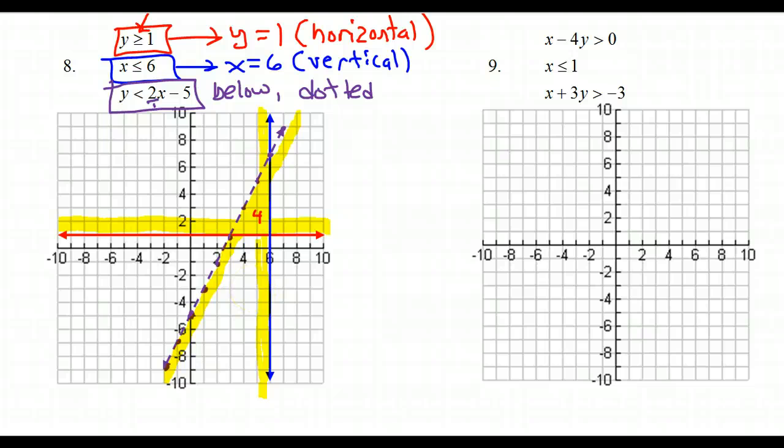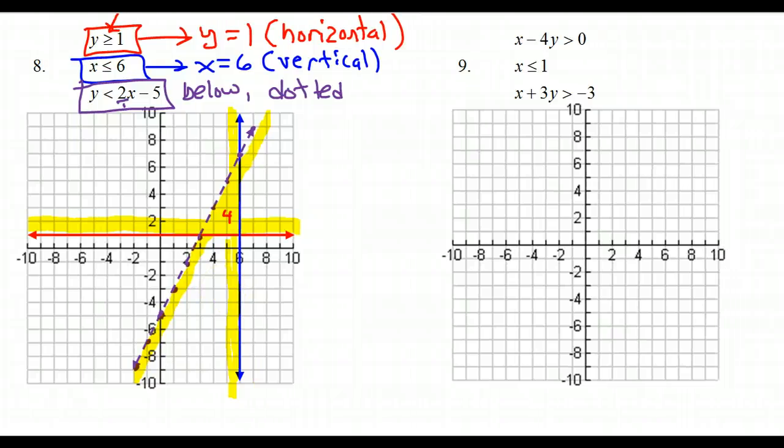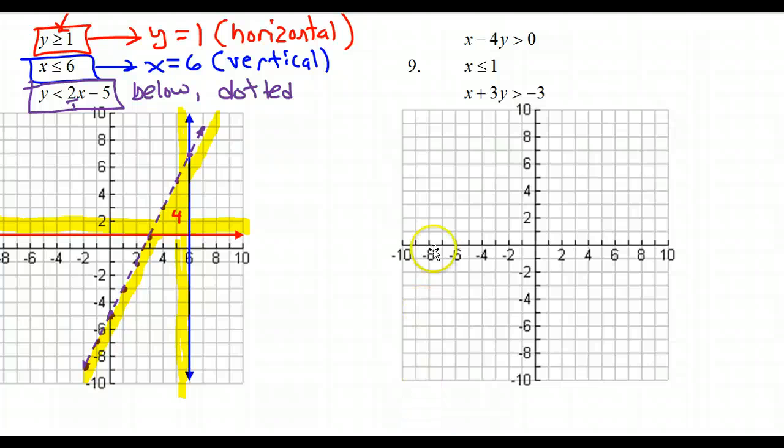Alright, let's look at number 9. Alright, same type of thing. So let's get y by itself. Let's do the red equation. Okay, so on this equation I would have to subtract x from both sides.